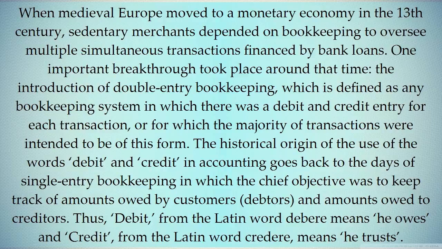The historical origin of the use of the words debit and credit in accounting goes back to the days of single-entry bookkeeping, in which the chief objective was to keep track of amounts owed by customers, debtors, and amounts owed to creditors. Thus, debit, from the Latin word debere, means he owes, and credit, from the Latin word credere, means he trusts.